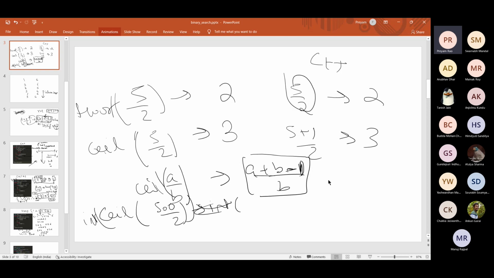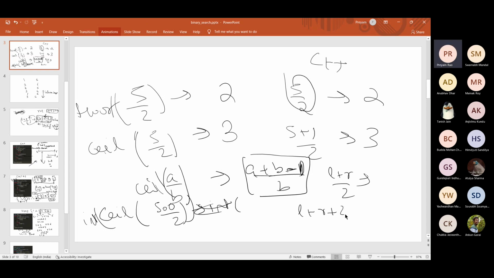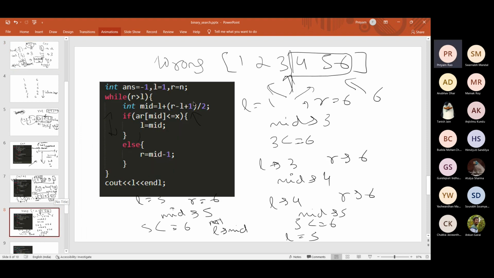So if it's L plus r by 2, then this would become L plus r plus b minus 1 by 2, so this would be L plus r plus 1 by 2. So we use the ceil, and this 1 makes this whole expression equal to L plus r plus 1 by 2.